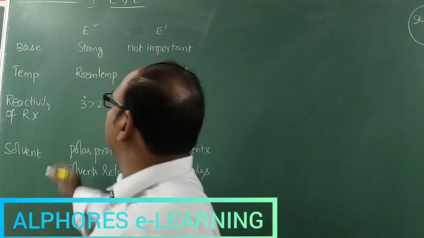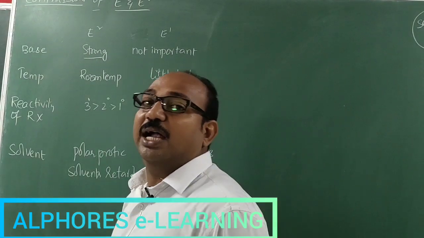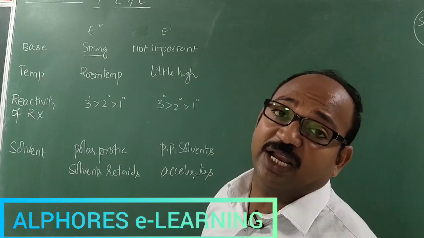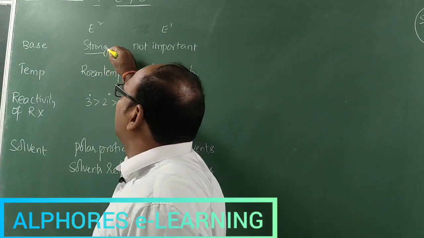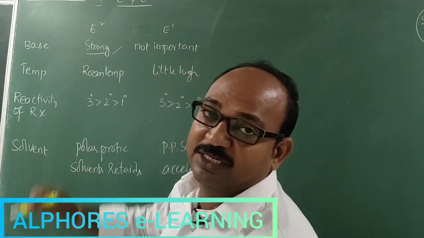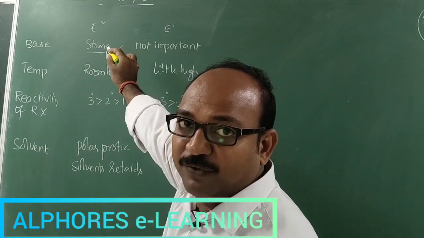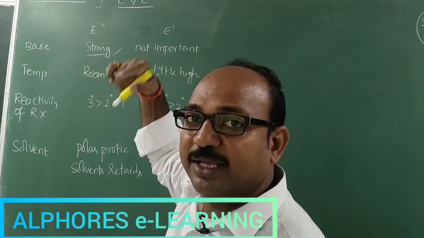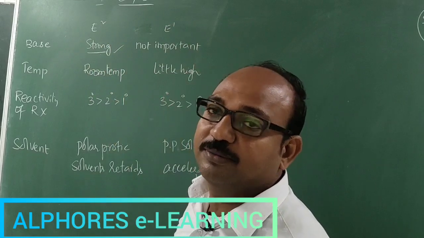For E2 elimination the base must be strong, and the concentration of the base also influences the rate of reaction, because in bimolecular elimination the rate is equal to k times the concentration of substrate and the concentration of base. So when we increase the base concentration, E2 elimination takes place more.